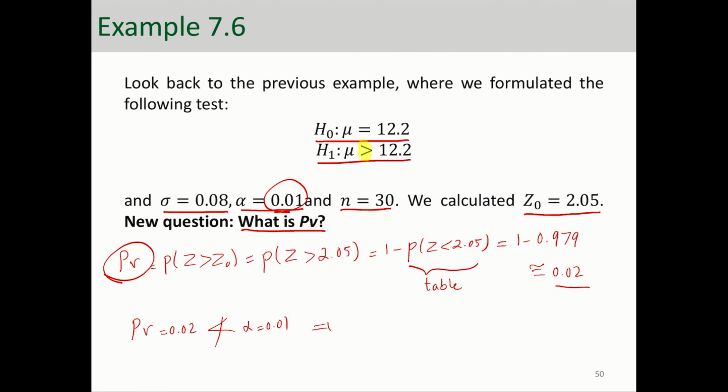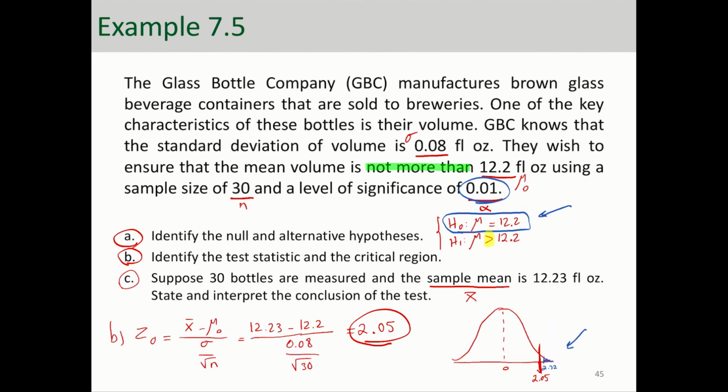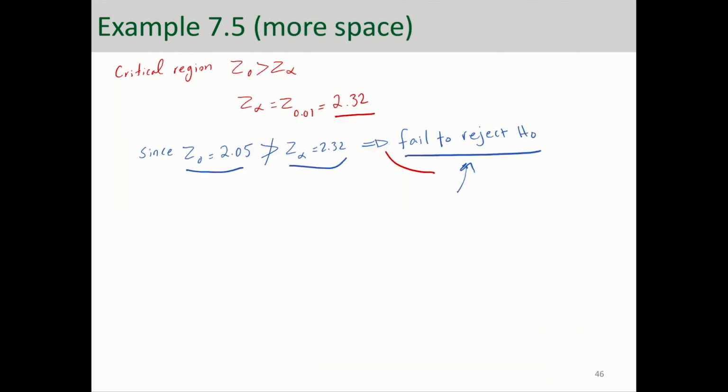So, fail to reject the null hypothesis. Now, if you remember, this is the same decision that we came up with. We concluded the same outcome using the critical region method when we worked on this example originally. So here's that example, and we came to the same conclusion, fail to reject.